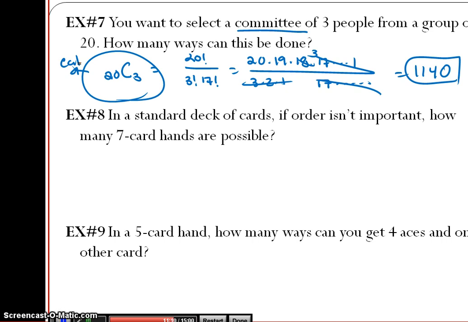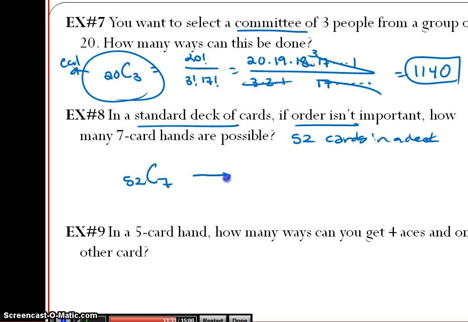Okay, number 8. In a standard deck of cards, if order isn't important, so you're told, so it's going to be a combination, how many 7-card hands are possible? Well, in a standard deck of cards, you should know that there's 52 cards in a deck. So there are 52 choose 7, or plug it into your calculator.